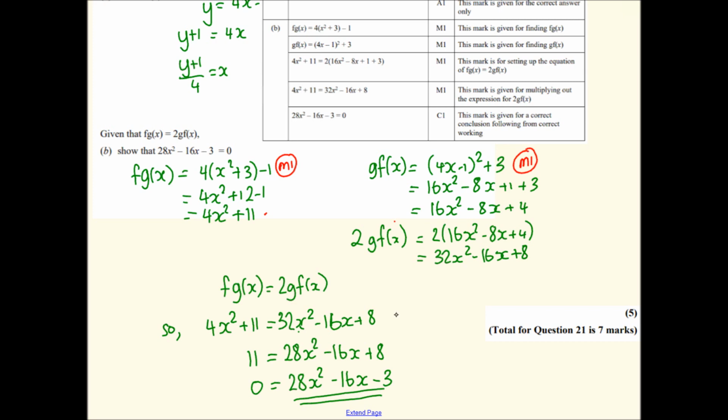You get a mark for setting your two functions equal to each other. And I suppose your second mark there comes in if you've actually multiplied out the 2g of f of x correctly. And then the final mark is for finishing off your rearranging, setting it equal to 0.